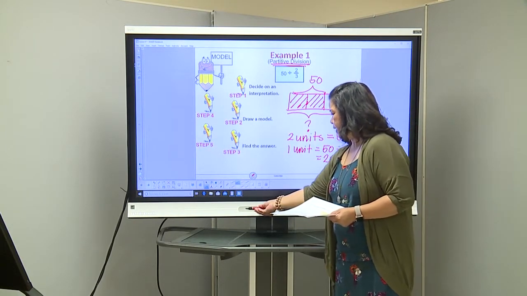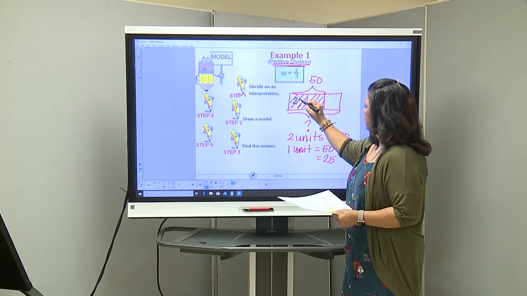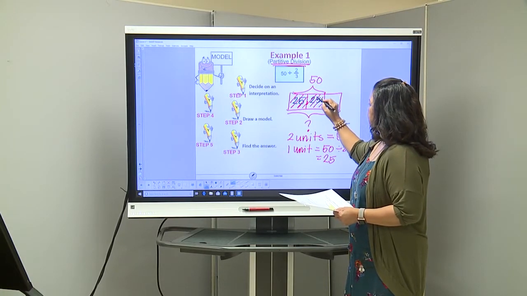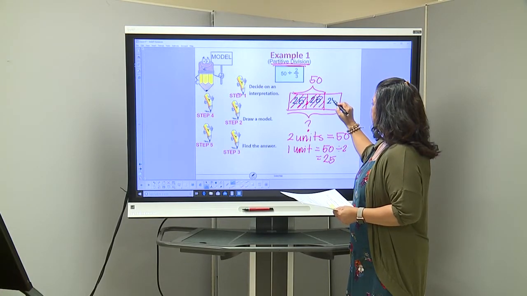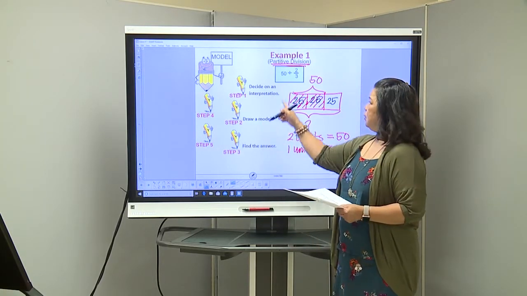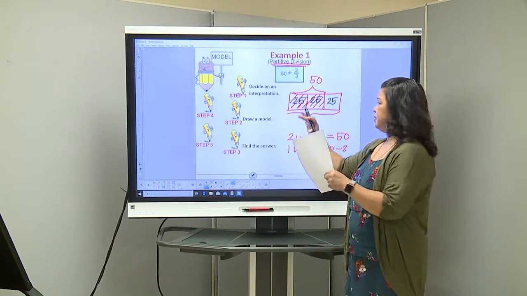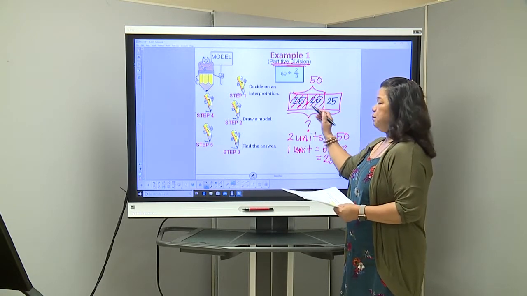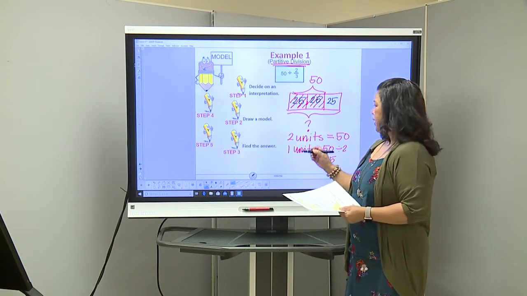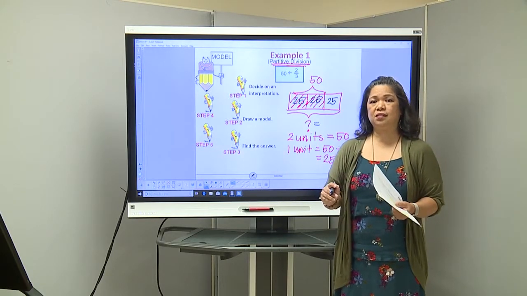So what does that mean? That means that each of these units is 25, 25, and 25. Now remember, when we started with this expression, we said we want to know the size of the whole thing.